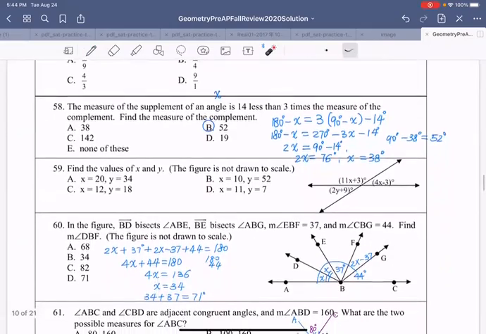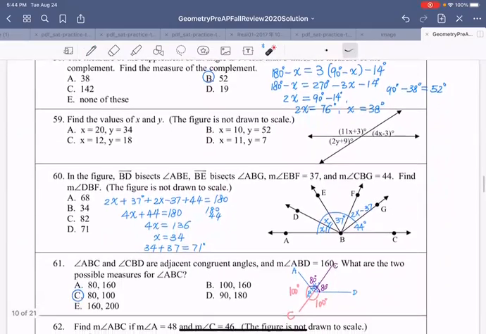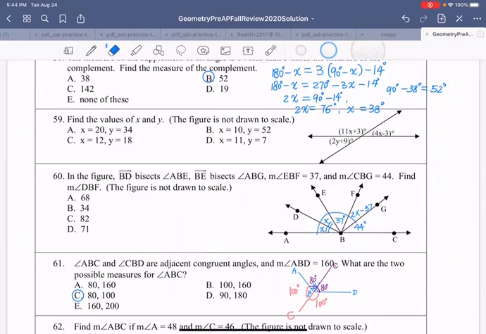Let's see, question 60. Valeria, let's try this one. Read it. In the figure, line BD bisects angle ABE.